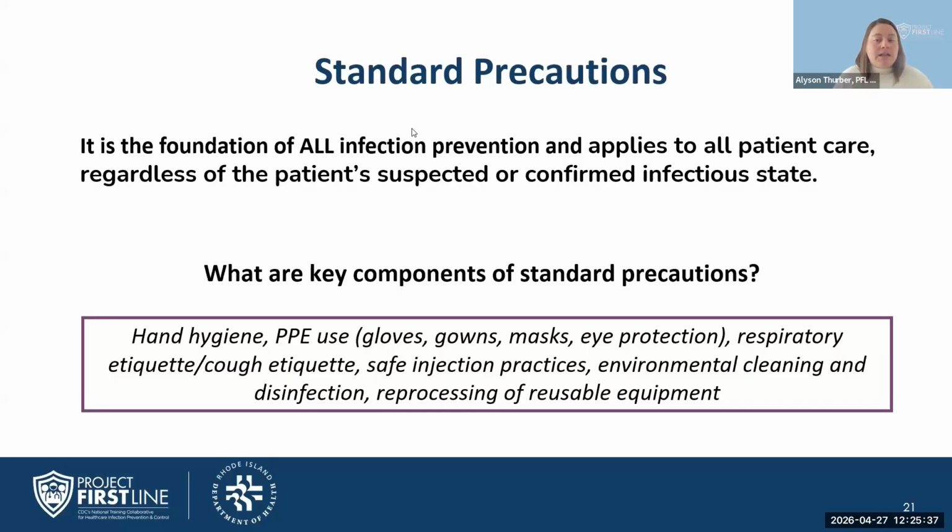The key elements of standard precautions include hand hygiene, appropriate PPE use, respiratory hygiene and cough etiquette, safe injection practices, safe sharps handling, environmental cleaning and disinfection, and reprocessing of reusable medical equipment. Infections prevented with standard precautions can include, but are not limited to, hepatitis, HIV, and Staphylococcus and streptococcus infections.